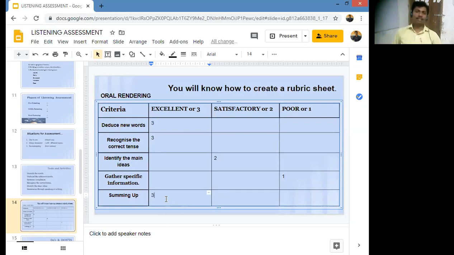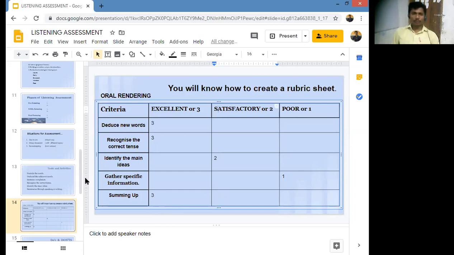So my friends, such a type of rubric sheet we can use for grading their assessment, their skill, and their comprehension of the listening skill.